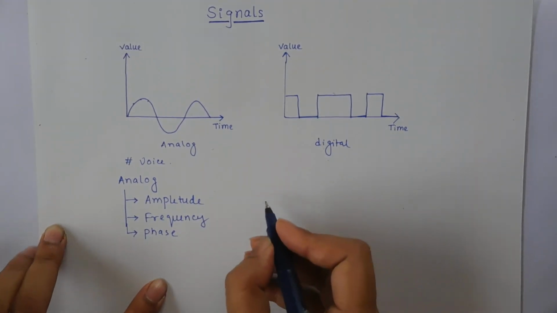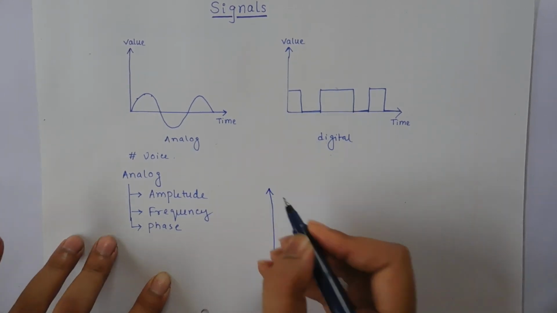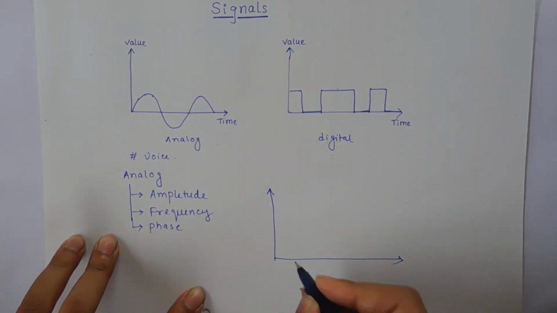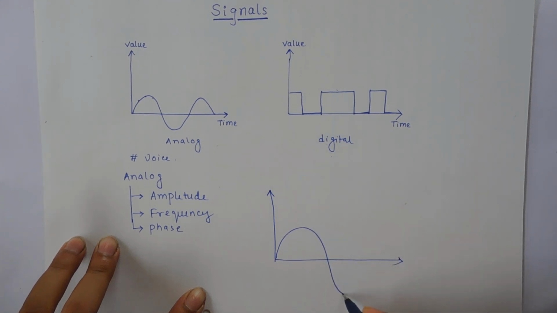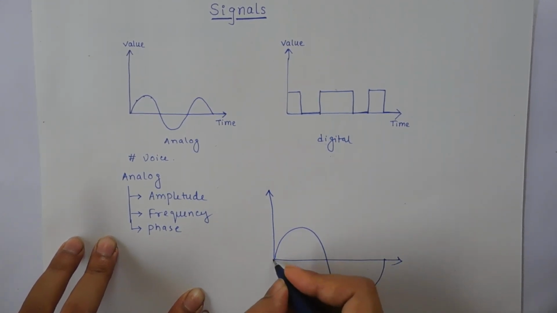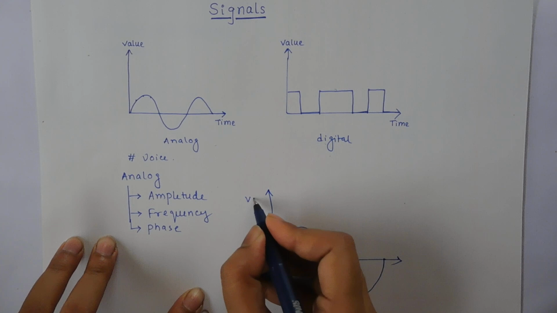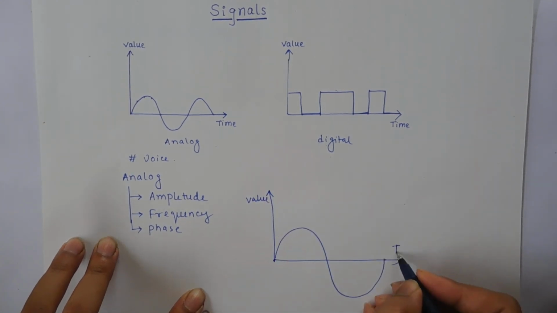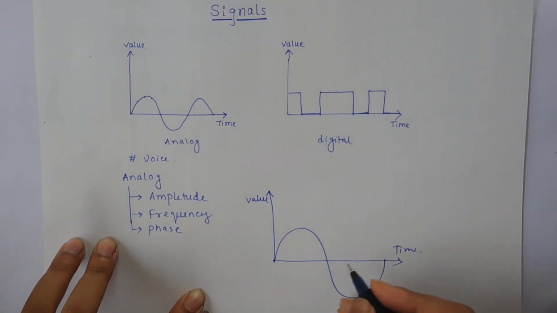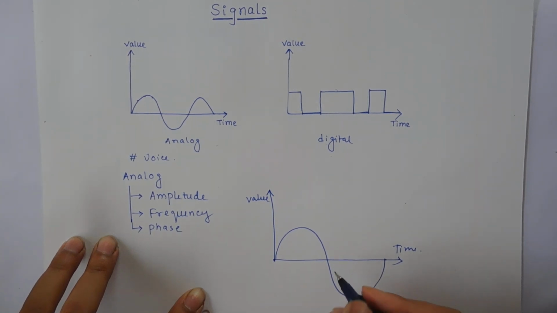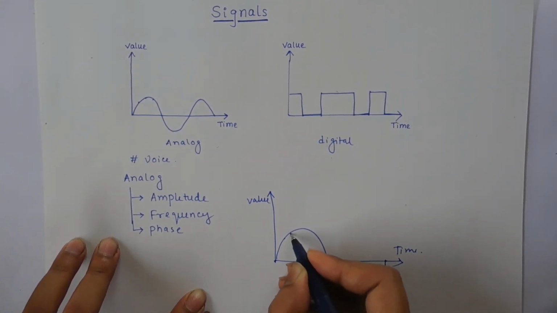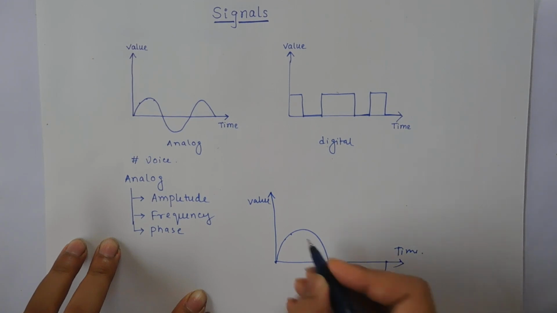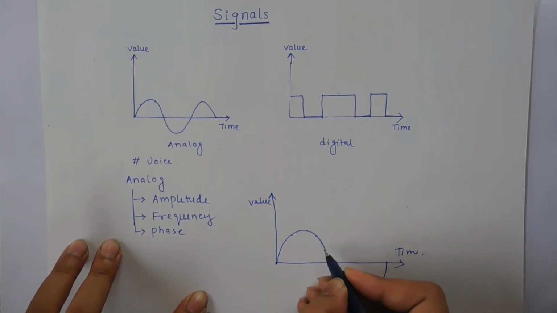Now for a signal, suppose this is a signal. For this signal, these are the values and this is time. Amplitude refers to the value of the signal at any point of time for any wave or signal.